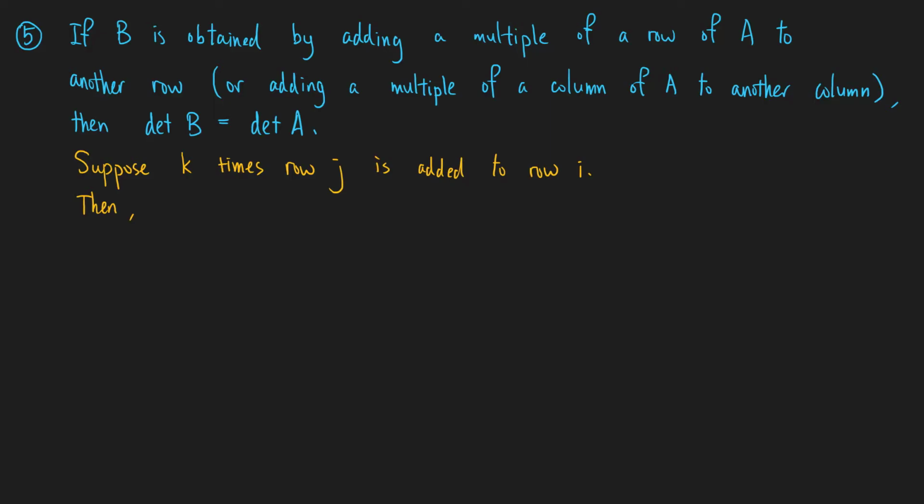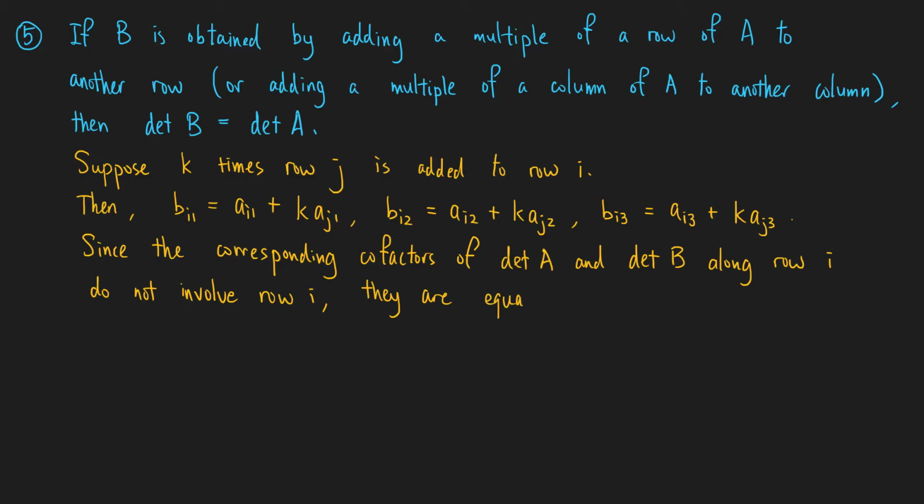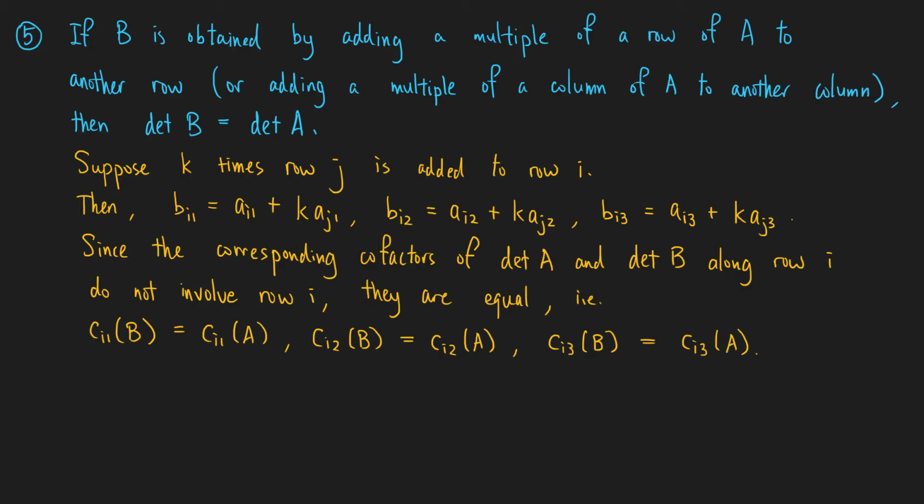Then Bi1 equals Ai1 plus k times Aj1, Bi2 equals Ai2 plus k times Aj2, and Bi3 equals Ai3 plus k times Aj3. Since the cofactors of A and B along row i do not involve row i, they are the same. In other words, Ci1 of B equals Ci1 of A, Ci2 of B equals Ci2 of A, and Ci3 of B equals Ci3 of A.